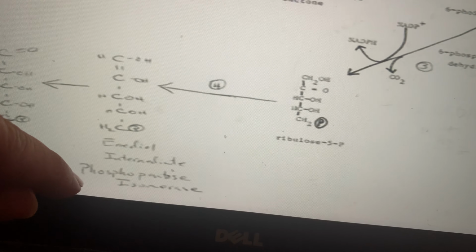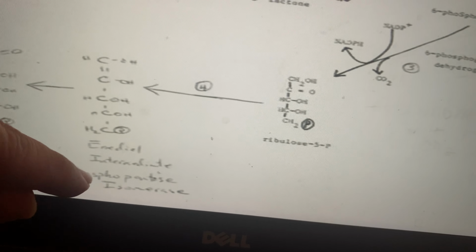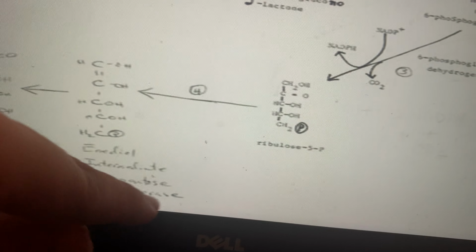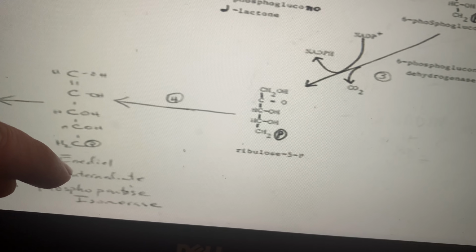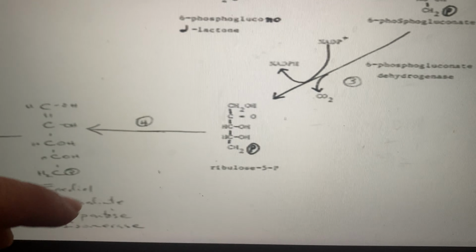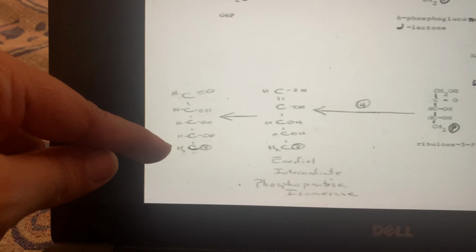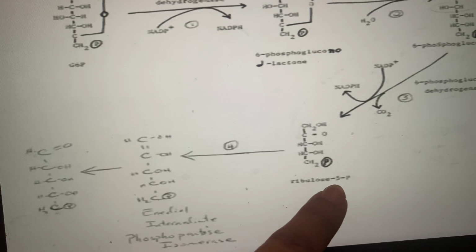It is no more aldehyde, and in the next step, in the presence of phosphopentose isomerase, it gets converted into an enediol. This is an intermediate, and from the intermediate it gets converted into ribose 5-phosphate. Ribulose 5-phosphate isomerizes to ribose 5-phosphate.